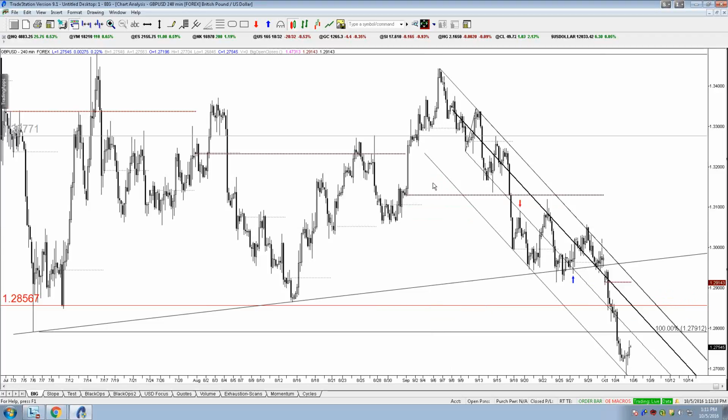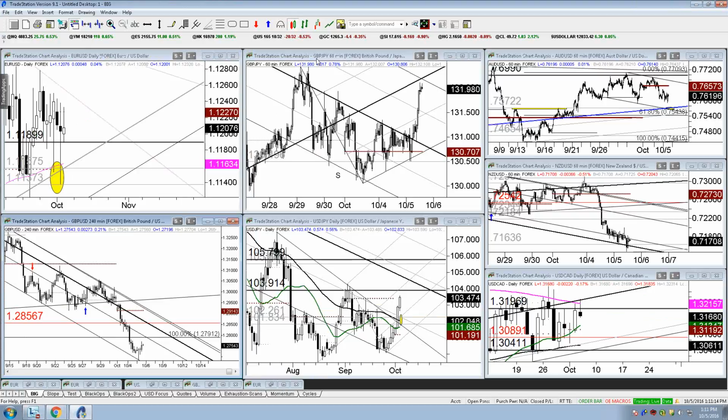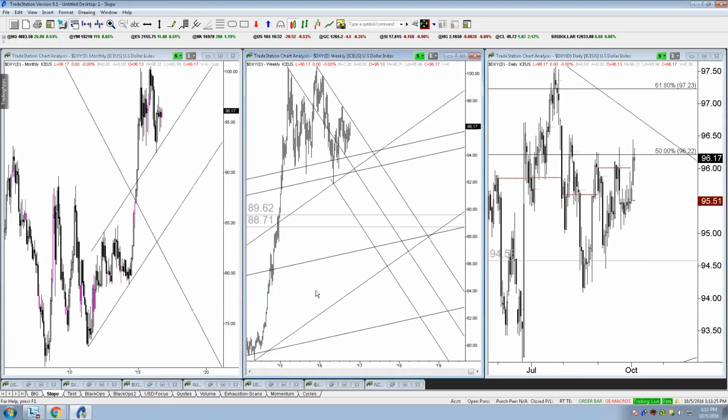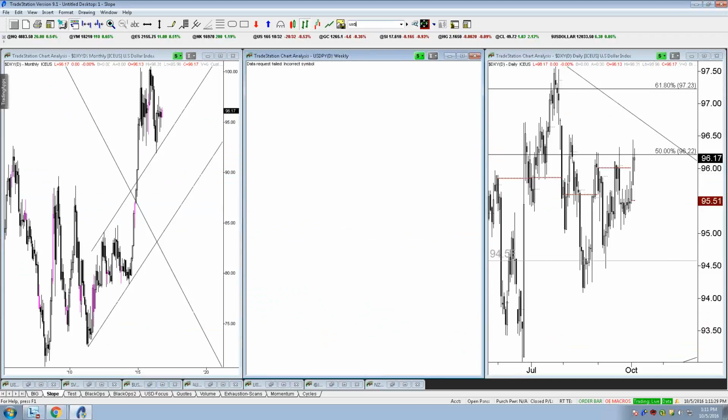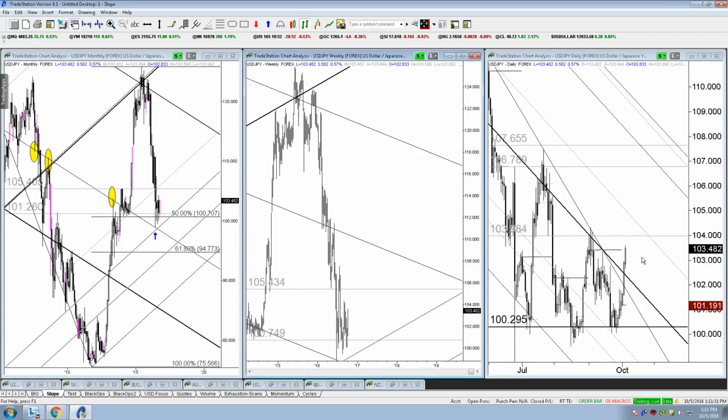Amir and everyone else, I will get to pound yen in just a bit. Just give me a moment here to go through some of the other majors. Dollar yen. The triangle, or I should say the support, is certainly holding up quite well. Remember, long-term support.